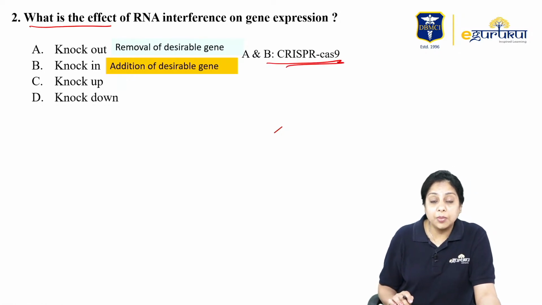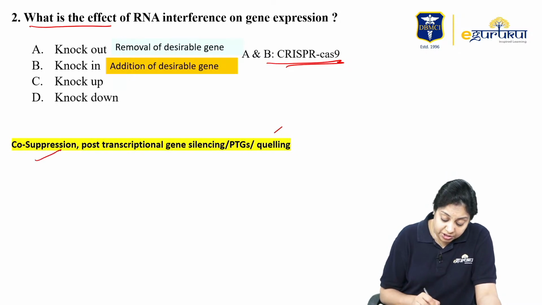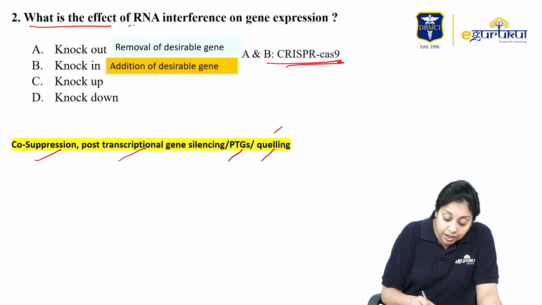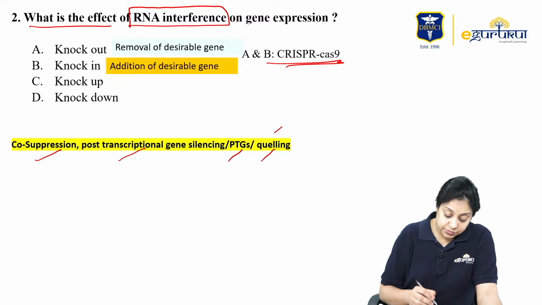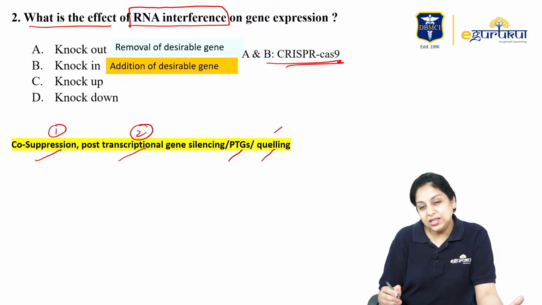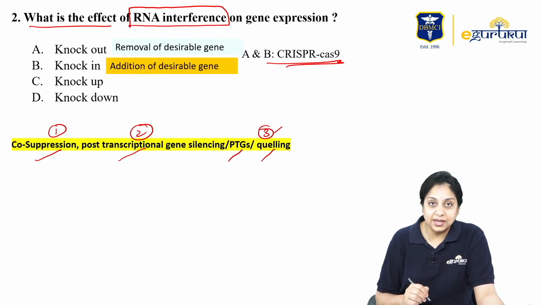Here we are talking about RNA interference, which is also known as co-suppression, post-transcriptional gene silencing, that stands for PTGS, and quelling. So any of these terms, co-suppression, post-transcriptional gene silencing, and quelling, are similar, also known as AKA.